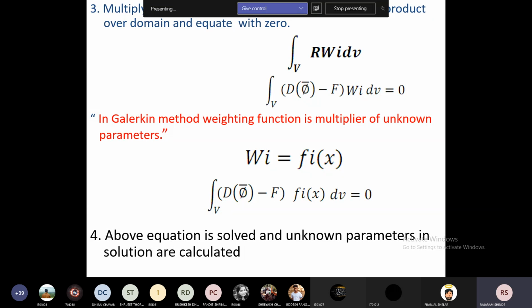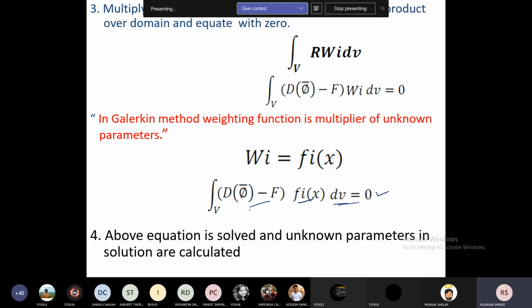And in this equation, we are taking the product of the residual and the weighting function, and this product is integrated over the domain and equated with zero. That will give the unknown parameters, and when we get the unknown parameters, we will get the solution to the problem.